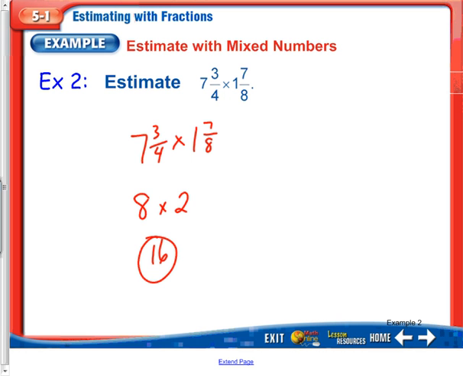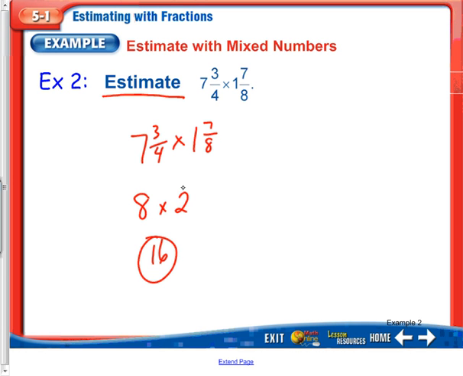Again, we're not actually solving these problems. It does say to estimate, so that's what we're doing. So in the future, when we do solve this problem, we could do a quick estimate in our heads: 8 times 2 is 16. Our answer should be close to 16. But when we actually look at the two numbers, with 7 3/4, we had to round up to 8, and 1 7/8, we rounded up to 2.